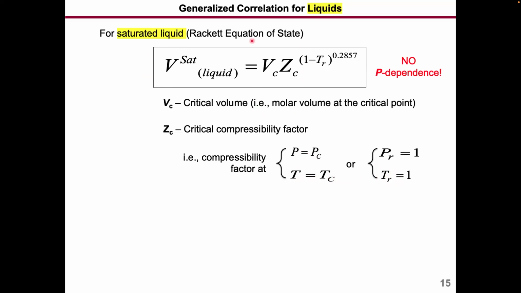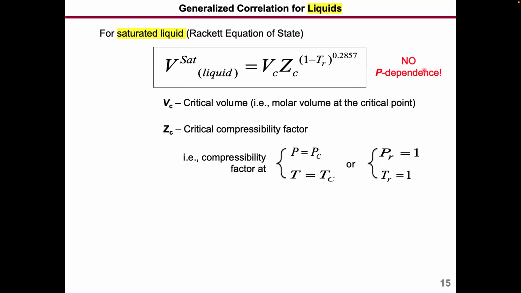Now, if you look at this equation carefully, you can only see temperature dependence. Like I mentioned, for a specified species these two are just constants, but you have a temperature variable here. So this V only depends on temperature, with no pressure dependence.